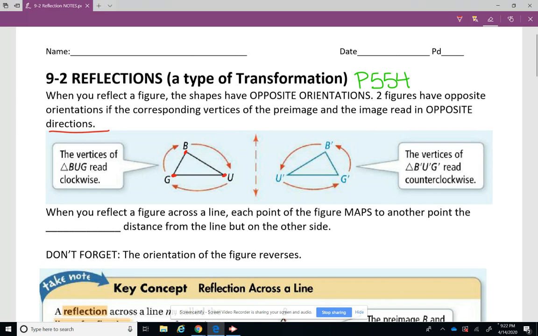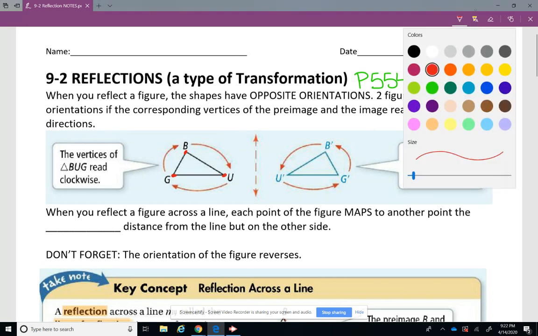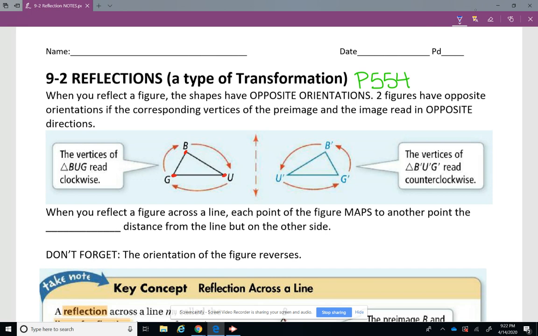All right, so I'm going to do this in blue so you know where I'm at. This is triangle BUG, B, U, G. I went clockwise when I read triangle BUG. The reflection of triangle BUG is triangle B prime, U prime, G prime.